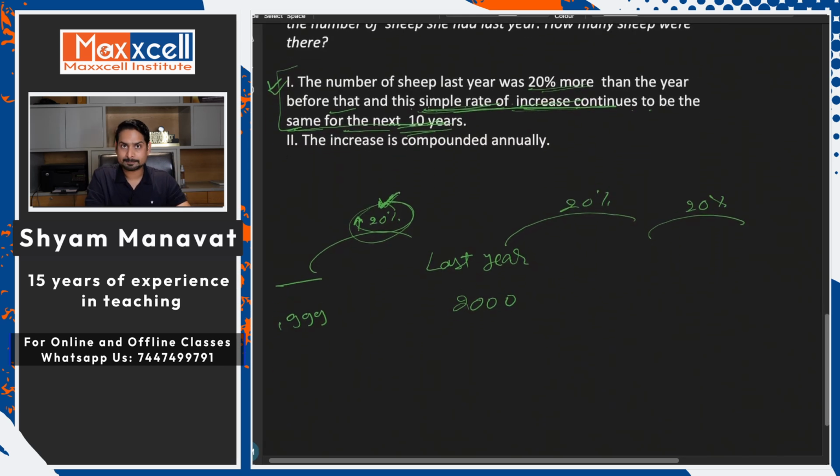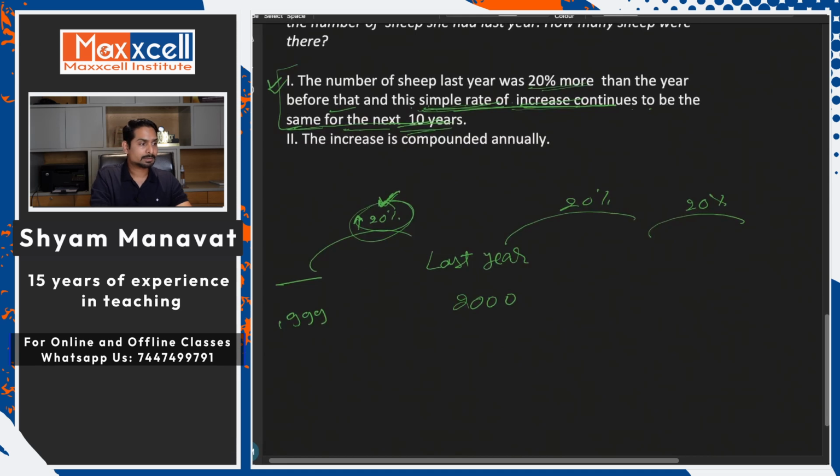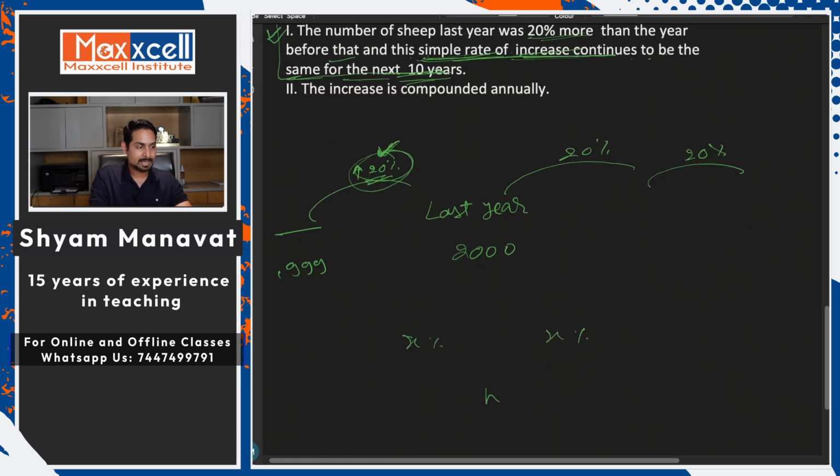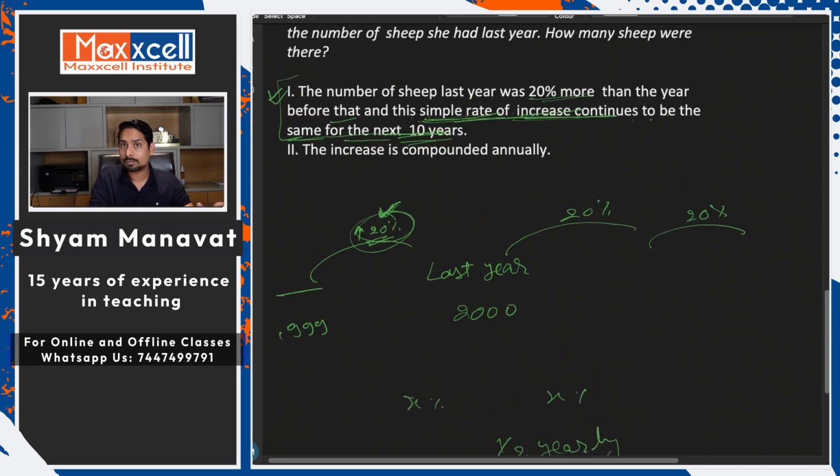Because this 20% rate of increase you can get by having some increase percent half yearly also. Are you getting this? So you need more data to understand whether it is compound interest, simple interest, increasing annually, increasing half yearly. You need a little bit more data on that. So it is not really sufficient.